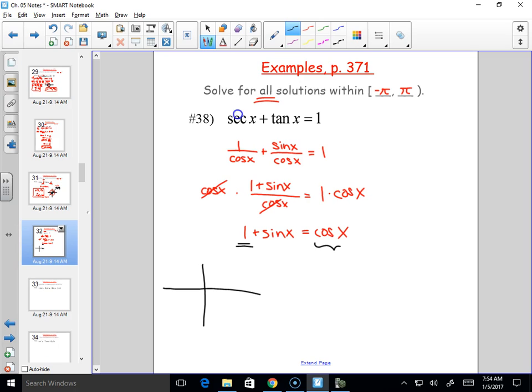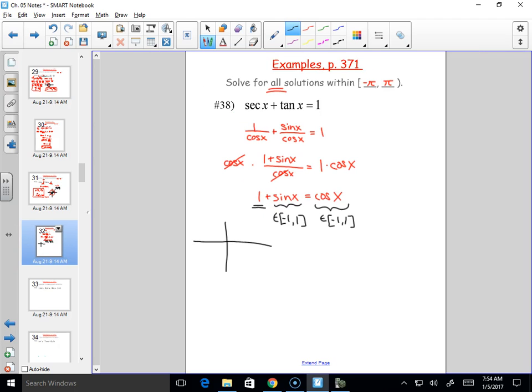Remember, cosine has to be between 1 and negative 1. It can't be any bigger than 1, can't be any lower than negative 1. Sine also has that restricted range between negative 1 and 1. If we're adding any positive sine values to 1, like 1 plus a half, that'd be too big for the cosine restriction. 1 plus root 2 over 2, 1 plus root 3 over 2. All of those would be too big for their restriction.